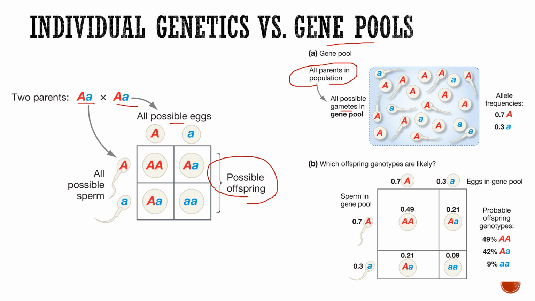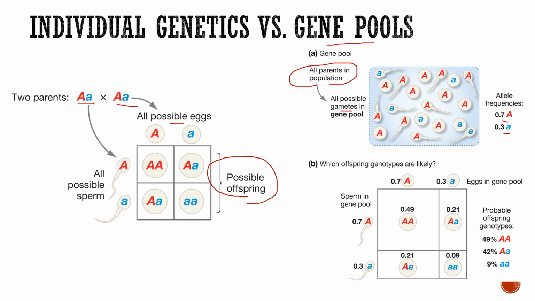And in this situation, we're having Mendelian genetics, so a dominant and a recessive trait. In this case, we're seeing the dominant allele occurring about 70%, so 0.7, if we add them up and divide by the total number, and about 30% for the recessive allele.